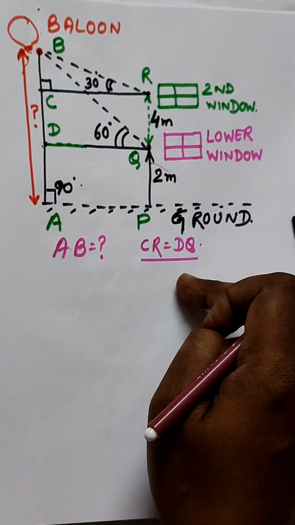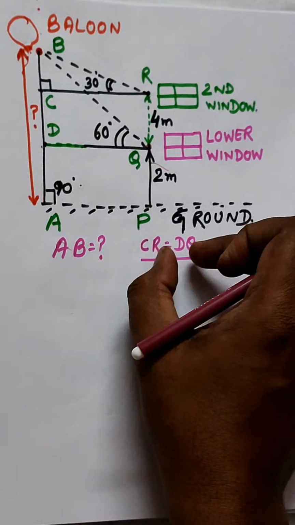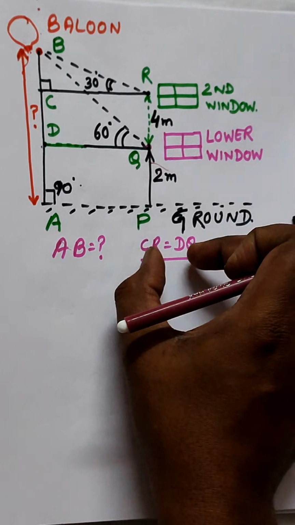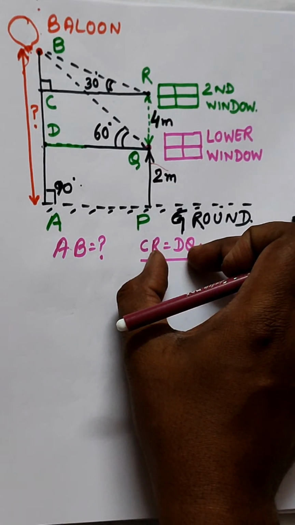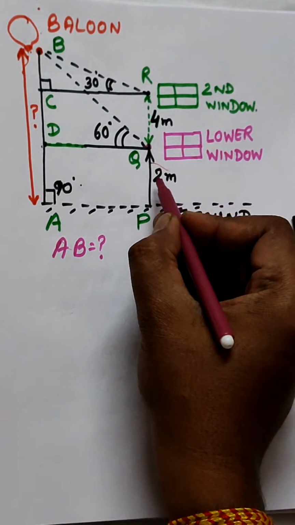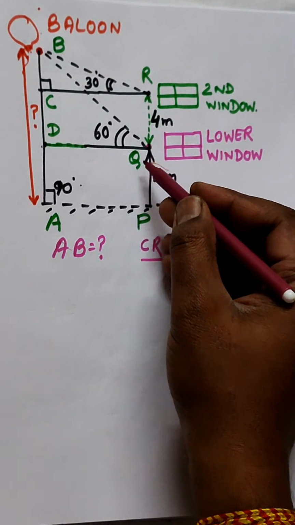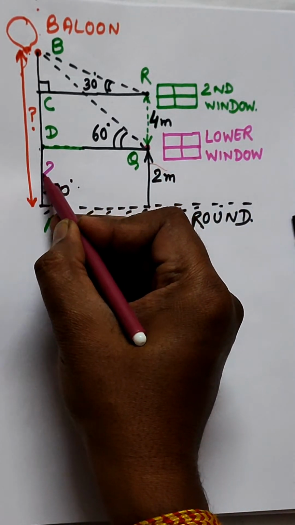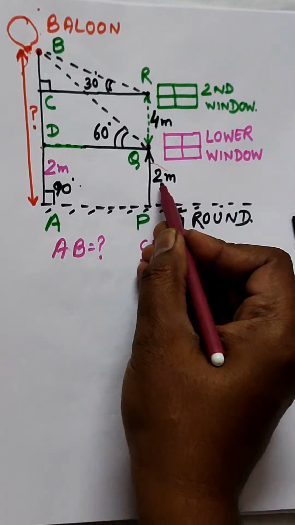From this we will use the trigonometrical ratio to equate these quantities. So let us see how we are doing it. This is 2 meter, P to Q is 2 meter, then A to D will also be equal to 2 meter, isn't it?